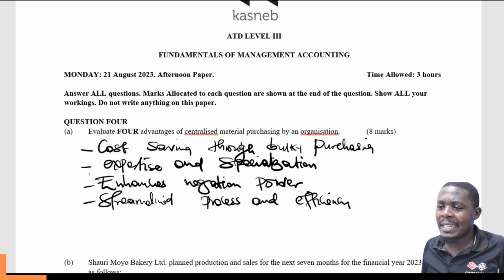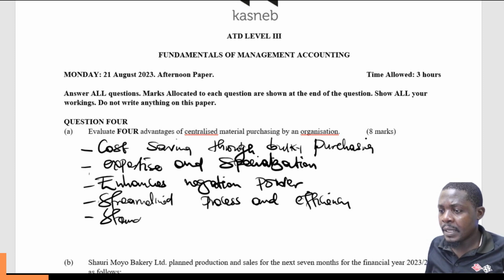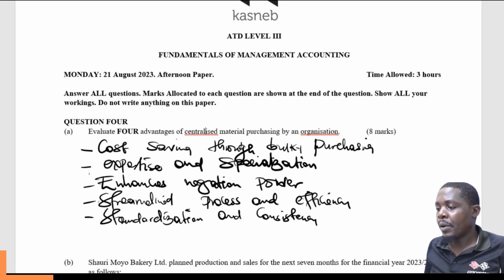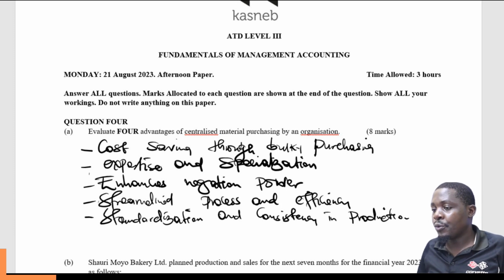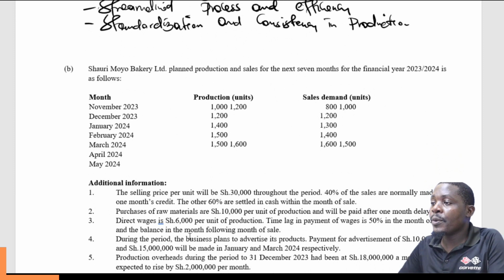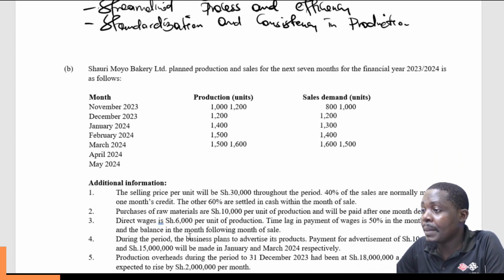Then we can talk of standardization and consistency in production. Because in the event a particular department fails to acquire, we know where we are going to do a follow-up in such a process, compared to when each and every department is doing the purchasing.